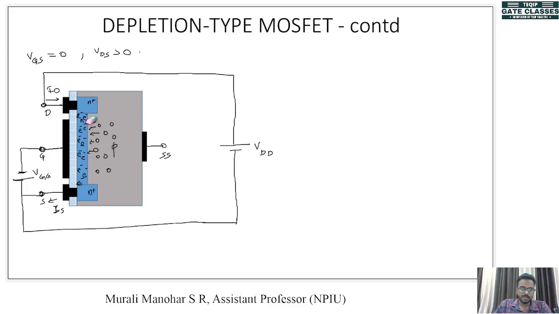What happens when we apply positive VGS? If we apply positive VGS at the gate, that is, there is a positive voltage at the gate, then in the dielectric medium, electrons are attracted to this point. So here we will have a net negative charge, and then at this end we will have the positive charge. Let me enlarge this device.